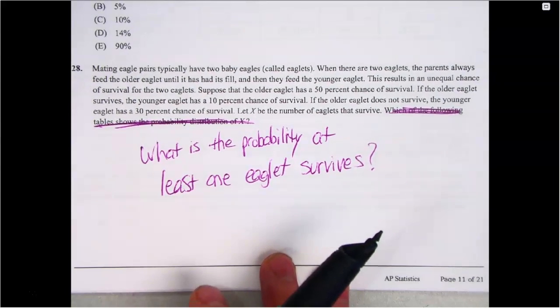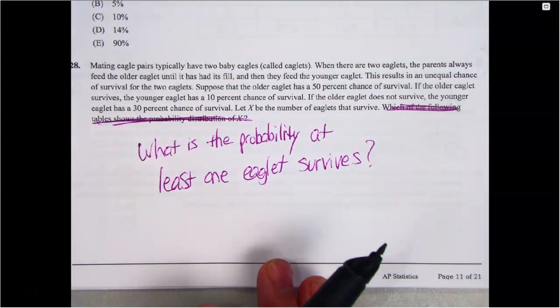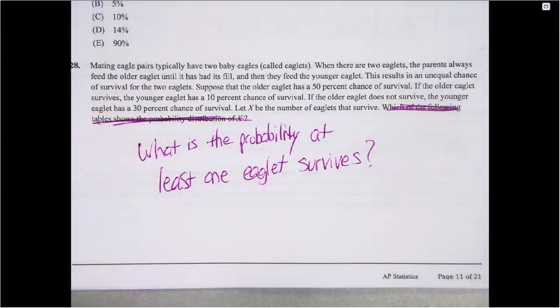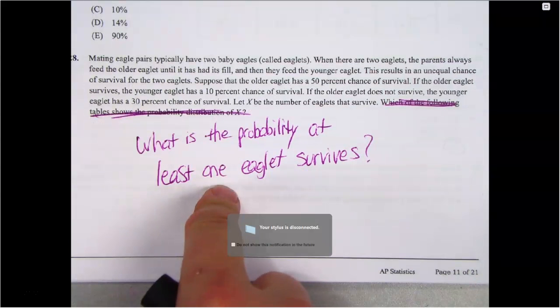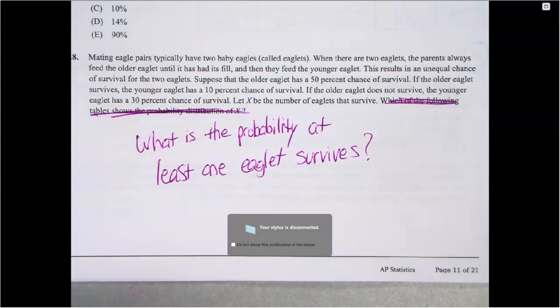Is that big enough for you guys to read? If you want to get your packet out, it's number 28. So I want you to try this one. You can get your packet out, but the question I'm asking you is a little different than the one they're asking. So the parents feed the older one until it's full, and then they feed the younger one.